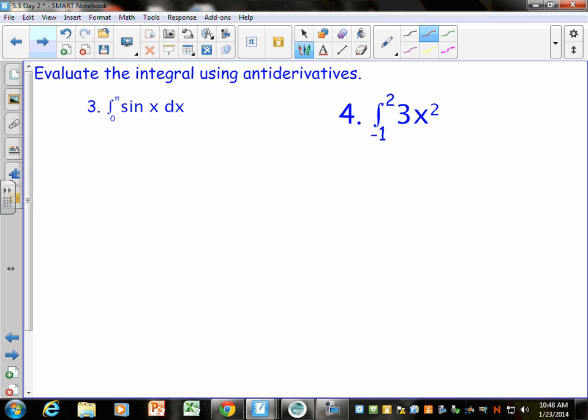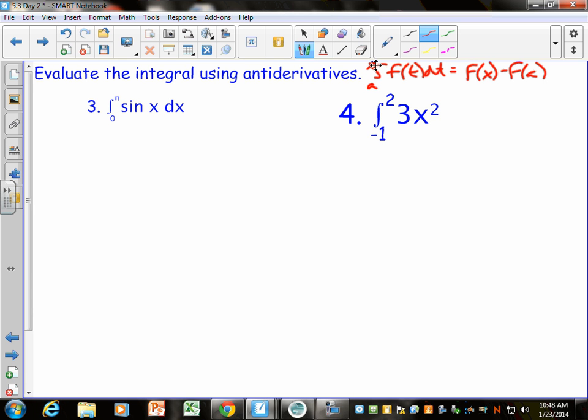We can't find a geometric formula. We could use RAM, but that's still just an approximation. So using this, I'm going to write this up here. The integral from a to x of f of t equals capital F of x minus capital F of a. Just to remind you why I'm doing this.